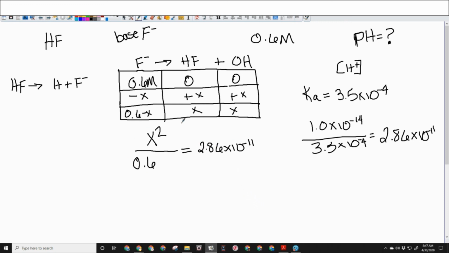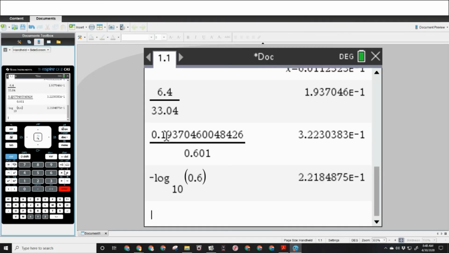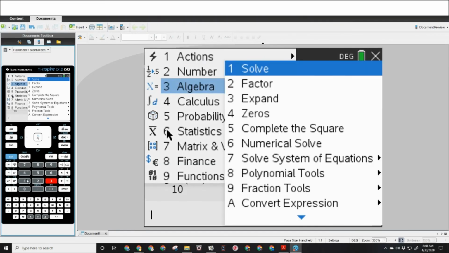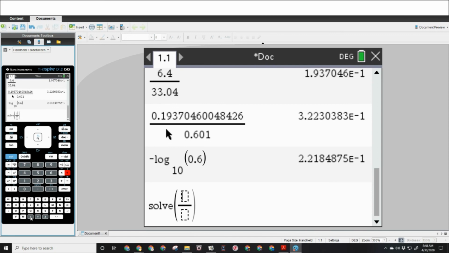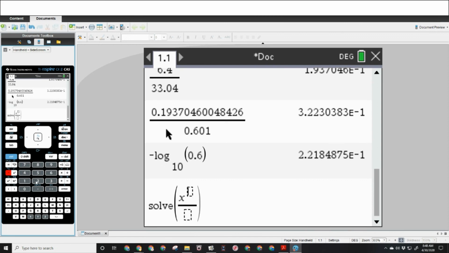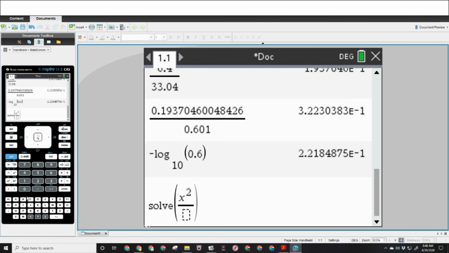All right, so we can solve for x now. So we have x squared over 0.6, our concentration.